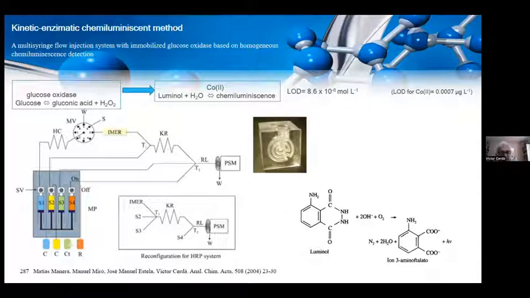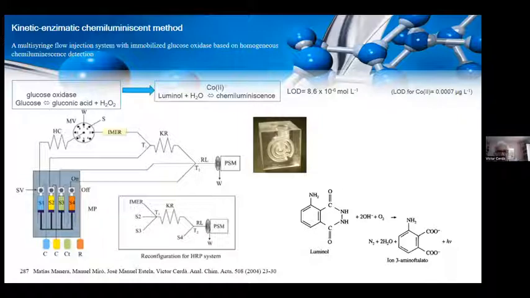Then the system is quite simple. You are using a reaction valve. Here you have immobilized the glucose oxidase. Then you can inject the sample here. Here hydrogen peroxide is produced. This is oxidized in the presence of the catalyst, producing the oxidation of the luminol, and the product is sent to a flow cell, this one.